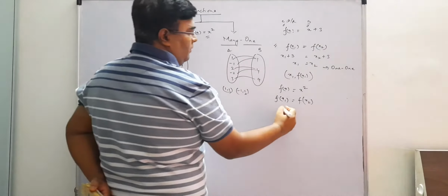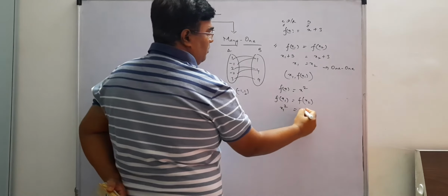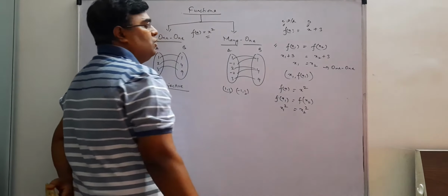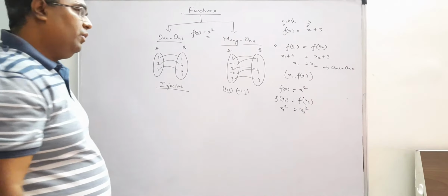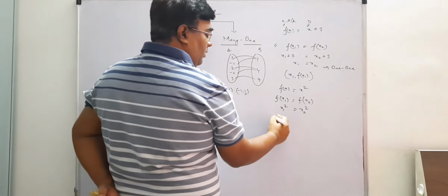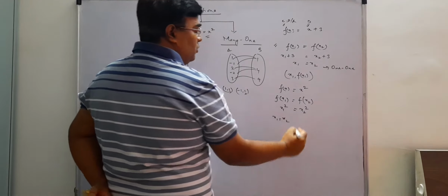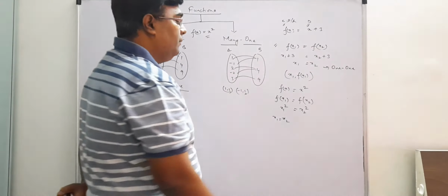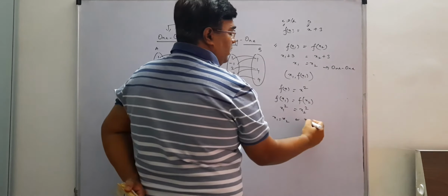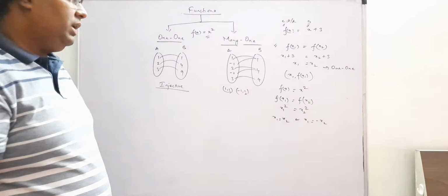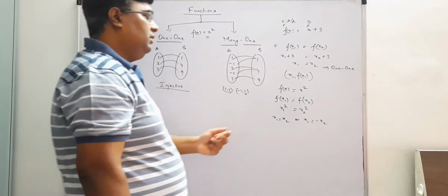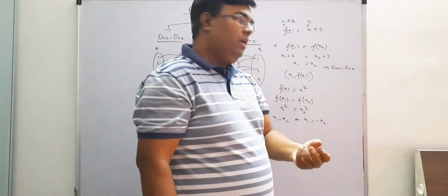So here it will be x1 square is equal to x2 square. Right. This will give me two scenarios. First one, either x1 will be equal to x2 or x1 can be minus x2. In both cases we will get x1 square equal to x2 square.